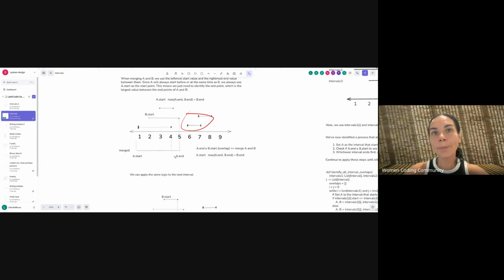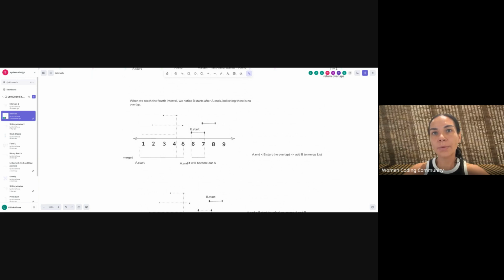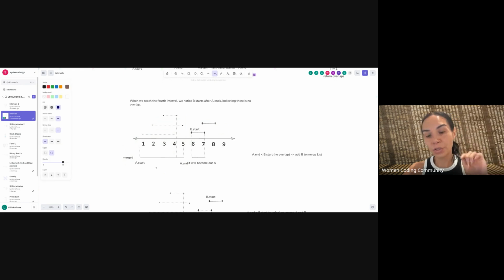In this case, we reached the point where we found that A's end is not overlapping with B's start. So we leave these A intervals behind and move to the one which is B, and now it becomes A, because we sort them by start. There is no other interval which will overlap with our A at any time after this point.